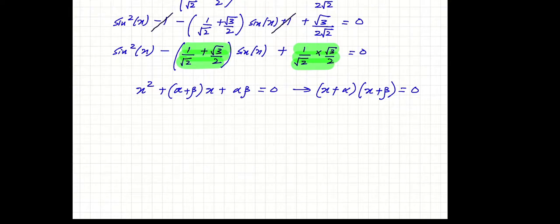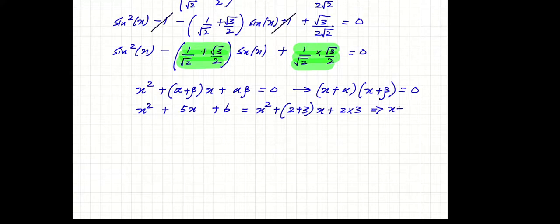Did I teach you that? I taught you that in quadratics. But I don't have to teach you this; when you are in grade 6, 7, you have done this. x squared plus 5x plus 6 is nothing but x squared plus 2 plus 3 x plus 2 times 3. So naturally, you can say x plus 3, x plus 2.